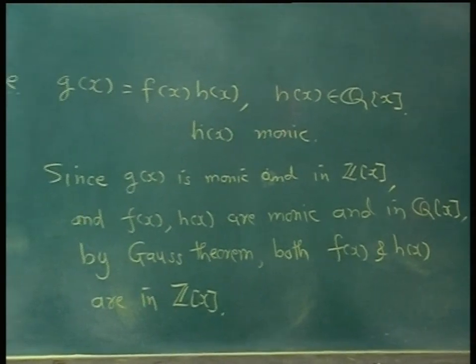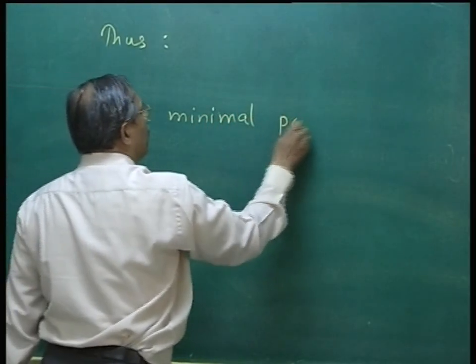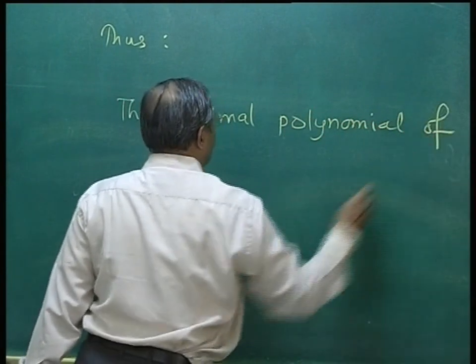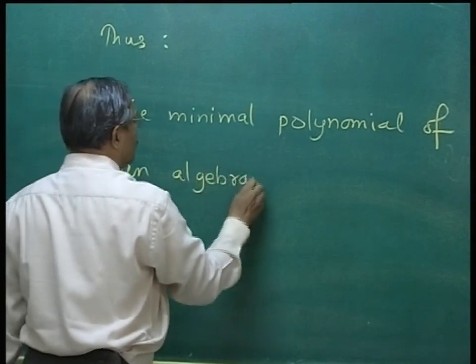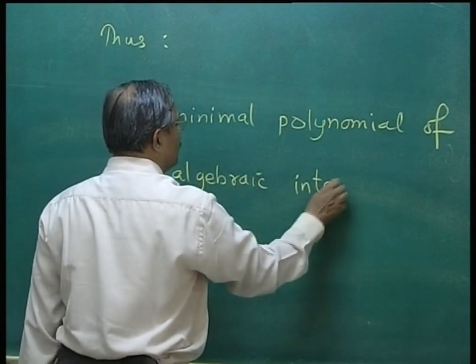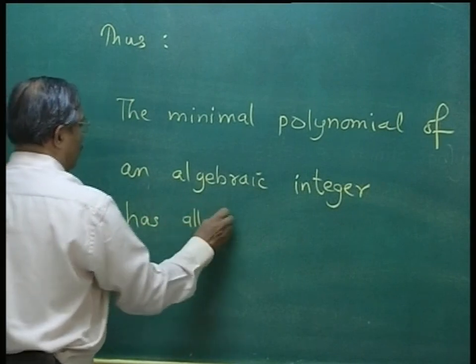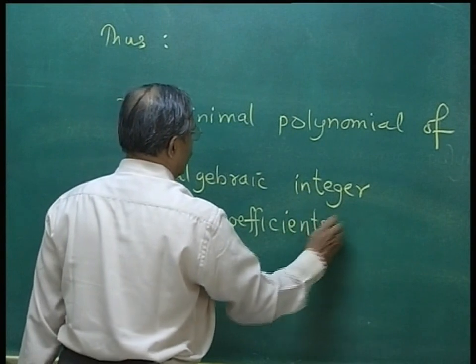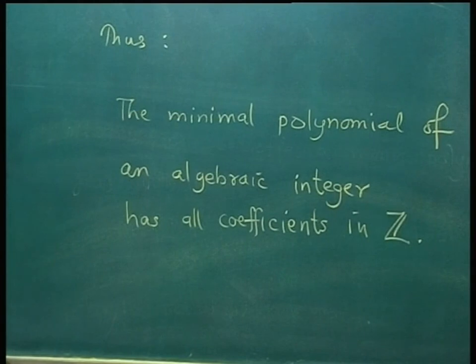Thus, the minimal polynomial of an algebraic integer has all coefficients in Z. That is, all coefficients are integers.